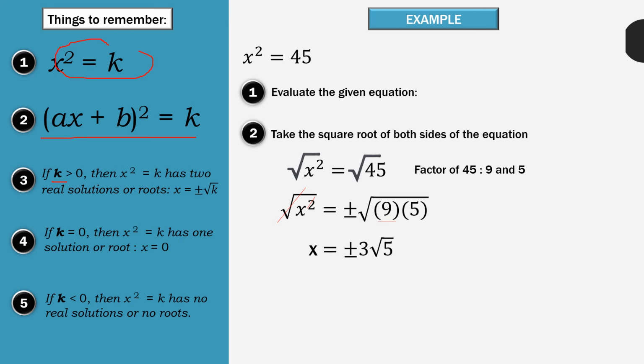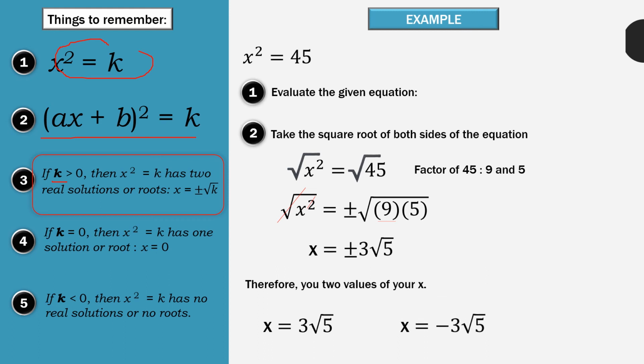So your answer now is x is equal to positive and negative 3 square root of 5, because 9 is a perfect square, which is 3. Okay? Therefore, you have two values of your x, mao nang ingon ganina nga two solutions. First, x is equal to 3 square root of 5, which we use the positive sign. And the other one is x is equal to negative 3 square root of 5. Mao na'ng rason, class, na if your k is greater than 0, duha ka value ang answer.